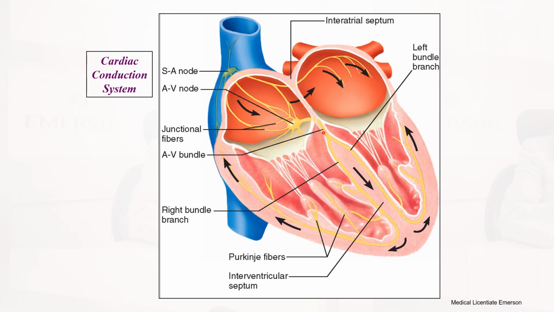Then it bifurcates into two branches, the left bundle branch and the right bundle branch. As it goes, it finds the Purkinje fibers this side. So the information will travel this side, go to the left ventricle and find the Purkinje fibers. Then the Purkinje fibers will send information to the ventricles for them to contract. So this is the cardiac conduction system. Okay, hope we have made sense.